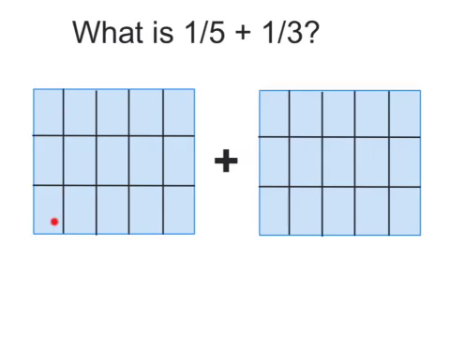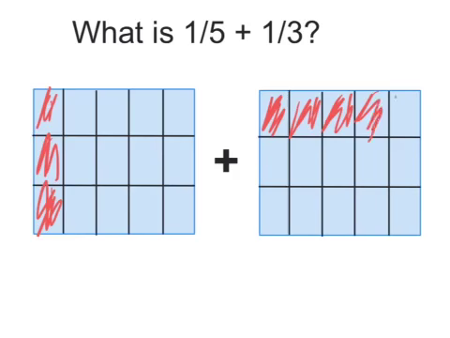Well, I'm going to illustrate my 1/5 over here. There are 5 columns, so I'm going to shade in one of them. There. This is 1/5. Now I'm going to shade in 1/3 over here. I have 3 rows, so I'll shade in one of them. That will be 1/3. I've now shaded in 1/3 of this whole rectangle and 1/5 of this whole rectangle.